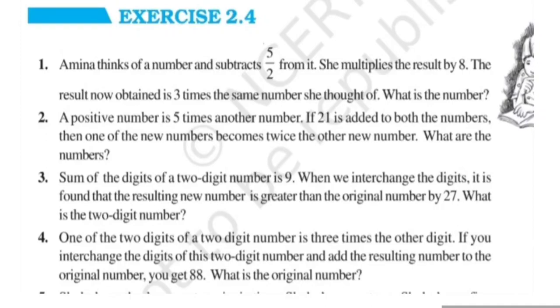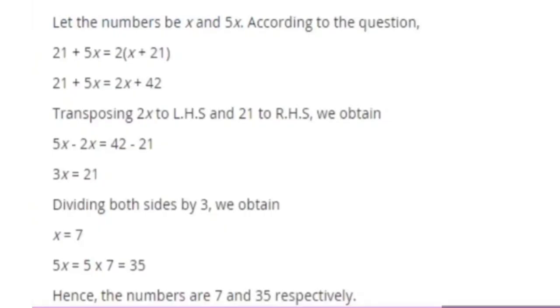A positive number is 5 times another number. If 21 is added to both the numbers, then one of the new numbers becomes twice the other new number. What are the numbers? So let's see the solution. So let the numbers be x and 5x. Now according to the question, 21 is added to both the numbers.